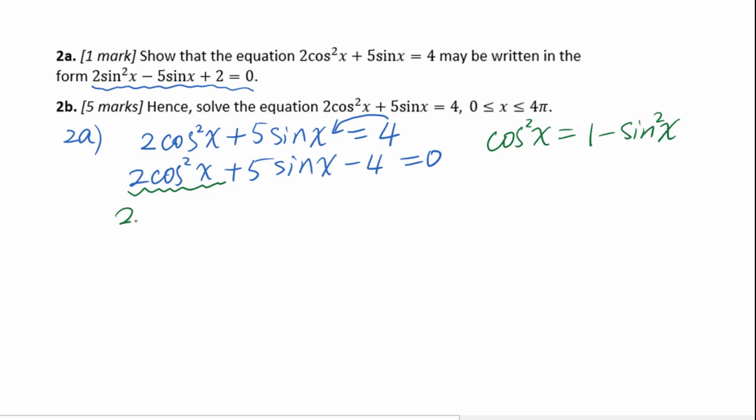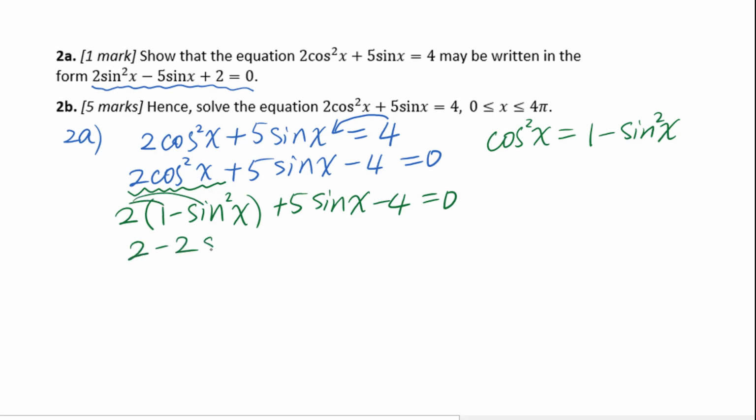Therefore, you will have 2 times 1 minus sin square x plus 5 sin x minus 4 equals 0. Distributive property, you have 2 minus 2 sin square x plus 5 sin x minus 4 equals 0.